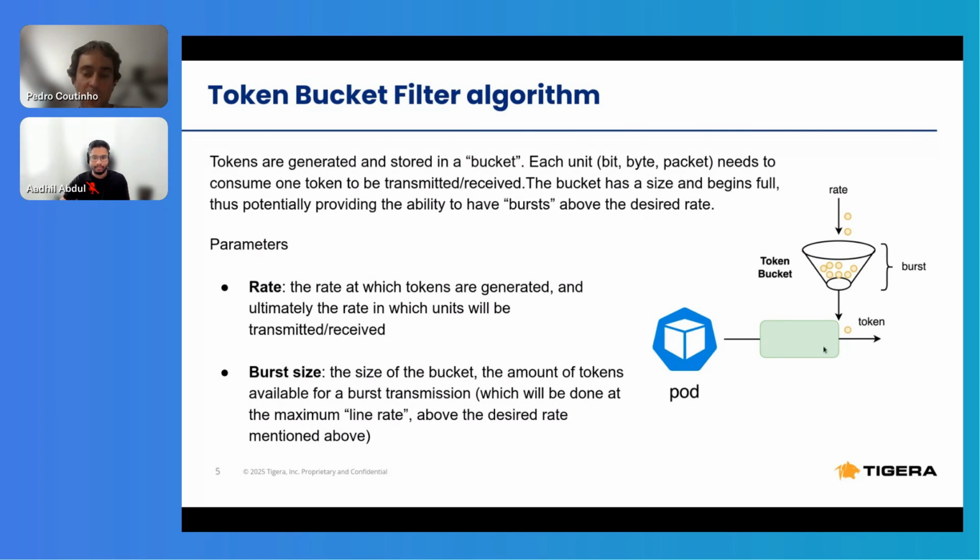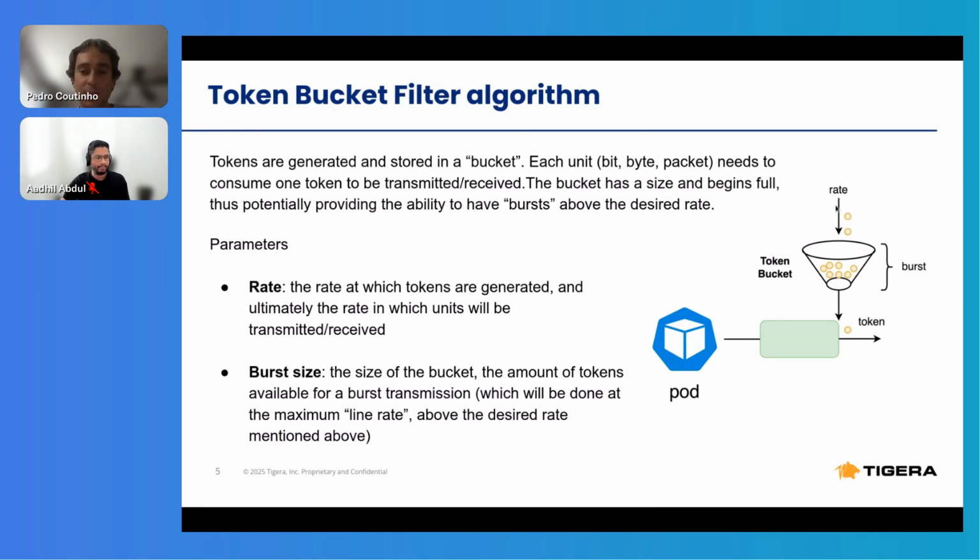So for bandwidth, each bit is a token. Say you have a packet of 1,000 bytes, so it's 8,000 bits. You need your bucket to have more than 8,000 tokens for that to happen. Otherwise, the packet is queued and awaits for the bucket to fill up.